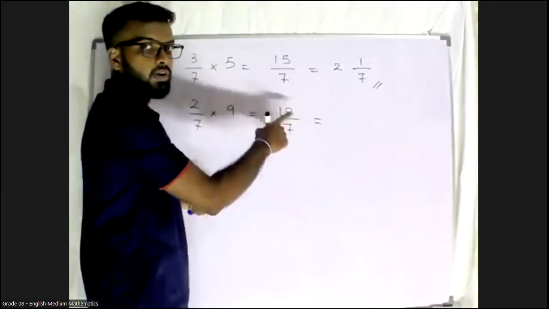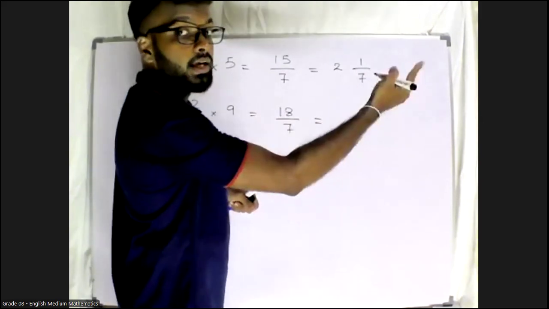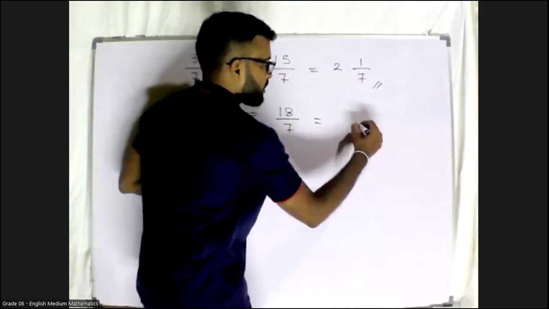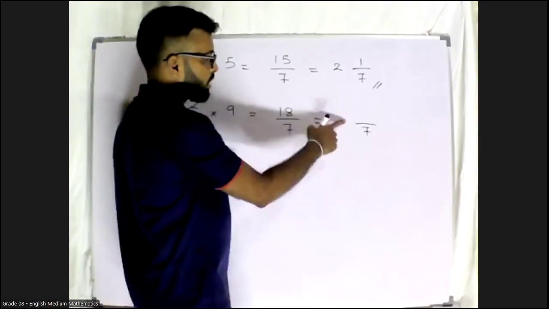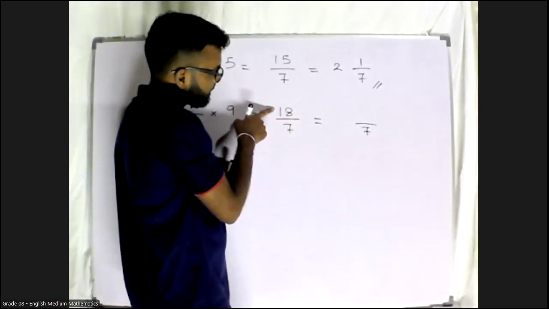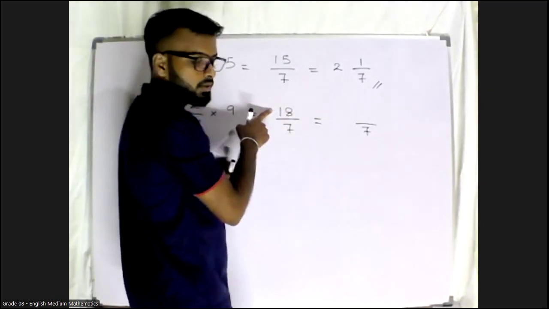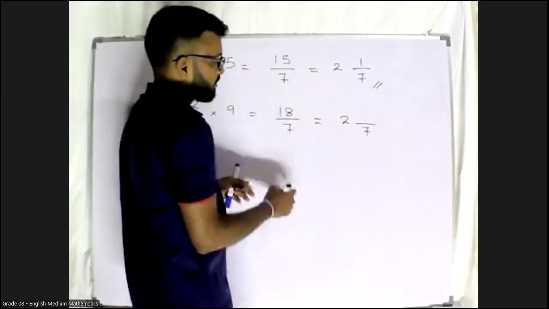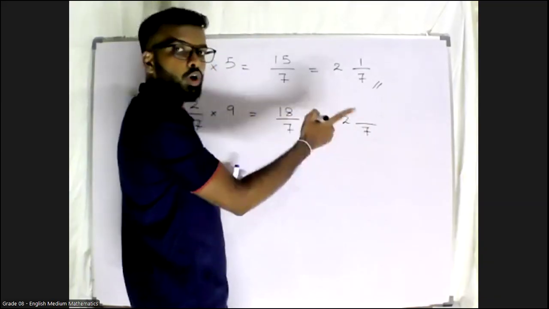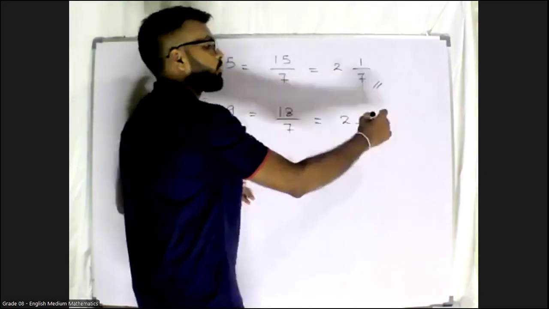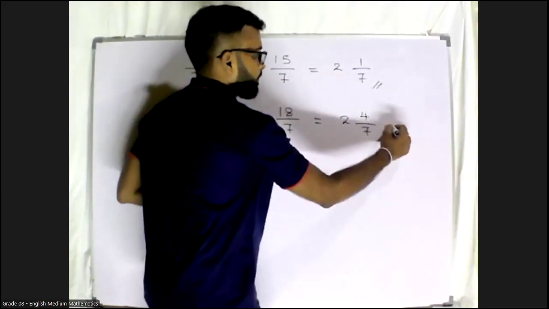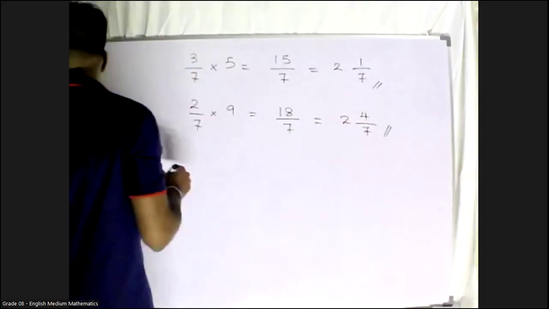And this is an improper fraction, convert it into a mixed number. So the denominator is 7. What is the whole number? 7 times 2, 14. 18 minus 14, 4. So the remainder is 4.